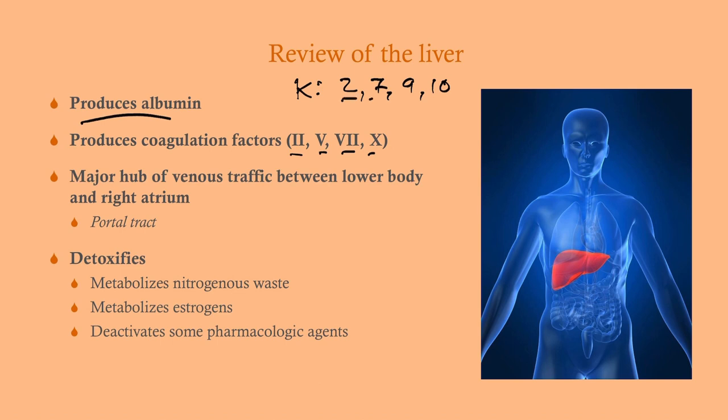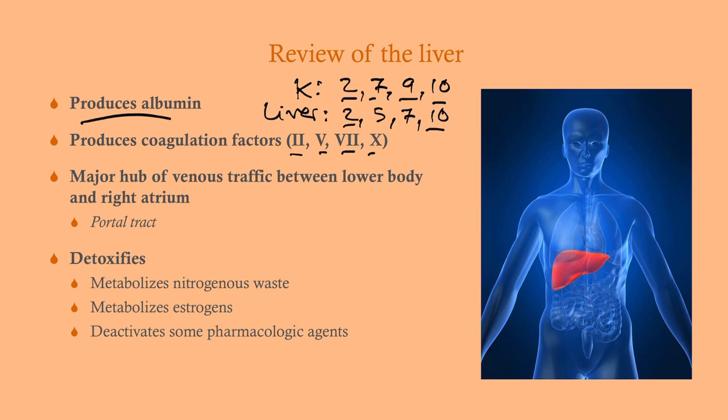So if you remember 2, 7, 2 plus 7 is 9, and then 10. With the liver, it's 2, 5, 7, and 10. 2 and 10 are always there. 2 plus 5 is 7. And there's 5 letters in the word liver. So you can remember that 5 is part of the factors that are made by the liver. That's the way I remember it. Take it or leave it.